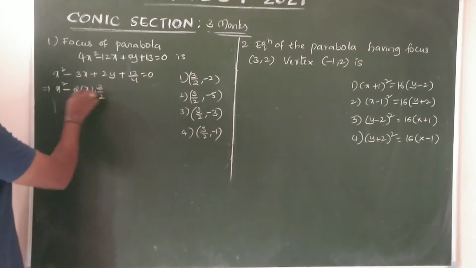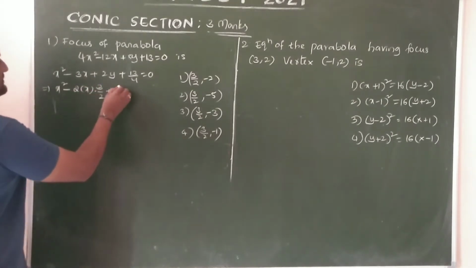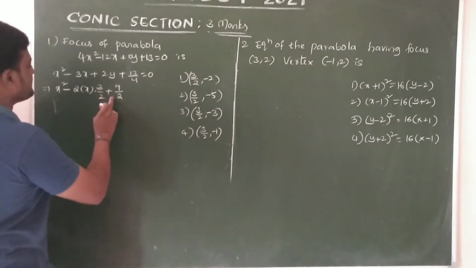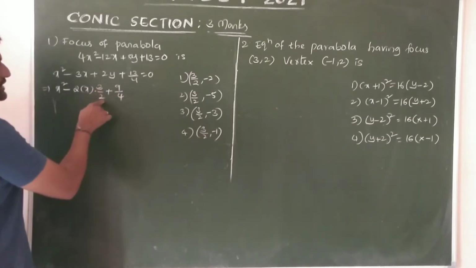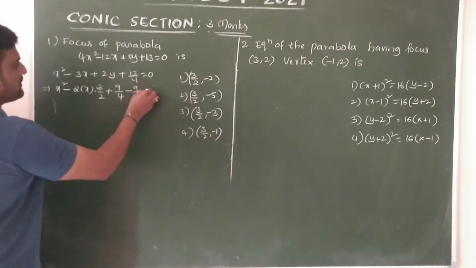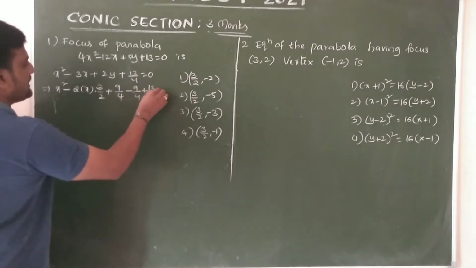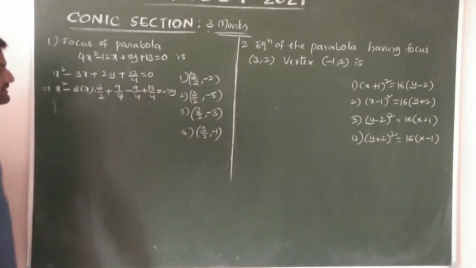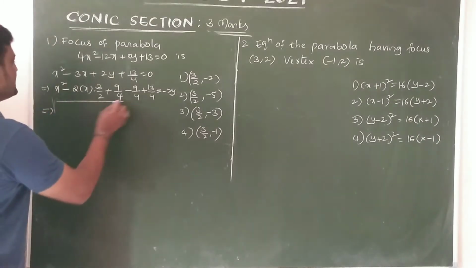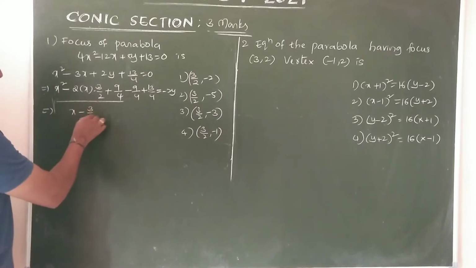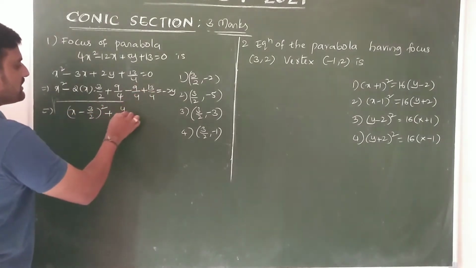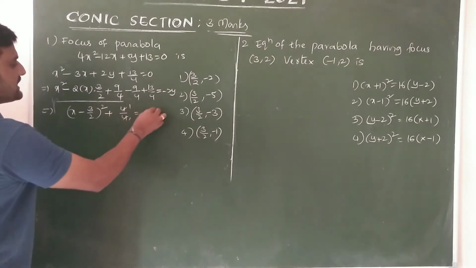Yes or no? Shall I write like this? Now adding 9 by 4, because of 3 by 2. So minus 9 by 4 plus 13 by 4 equals minus 2y. Now it is x minus 3 by 2 whole square plus 13 minus 9 is 4, 4 by 4, the 1, equals minus 2y.